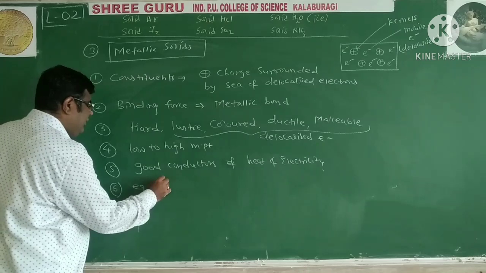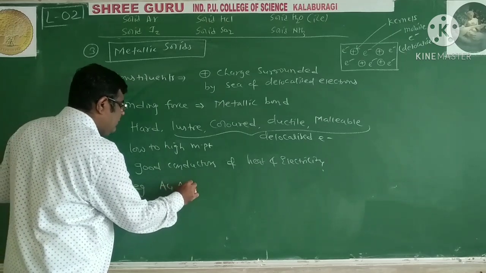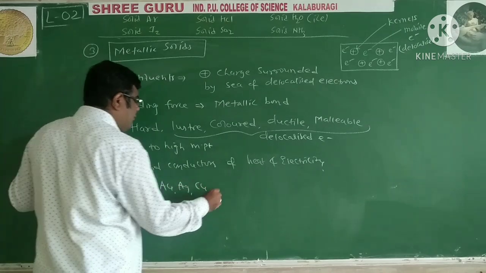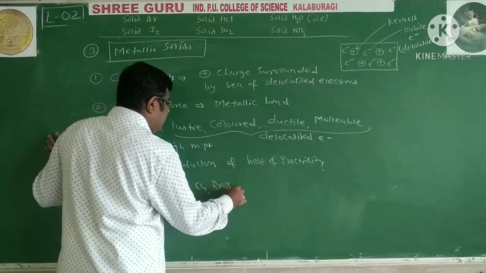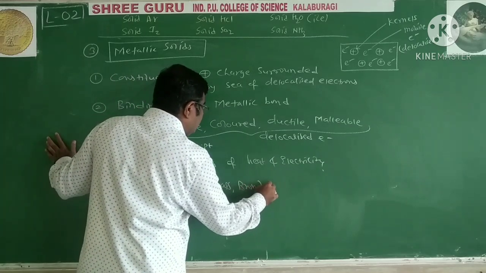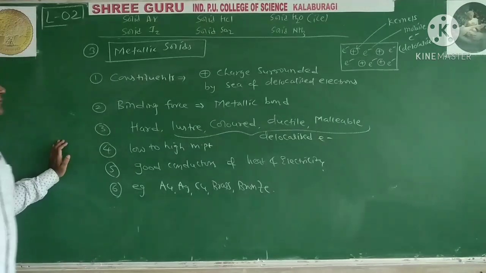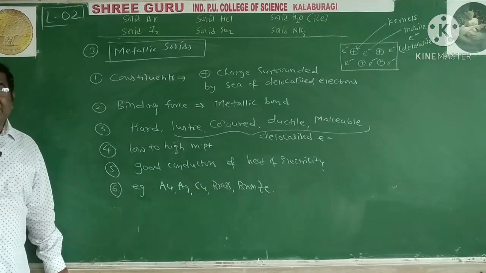As examples, we can say gold, silver, copper, brass, bronze, alloys. So these are the metallic solids.